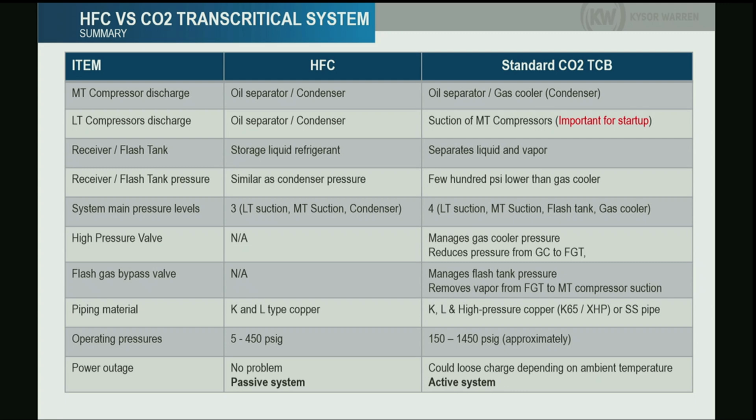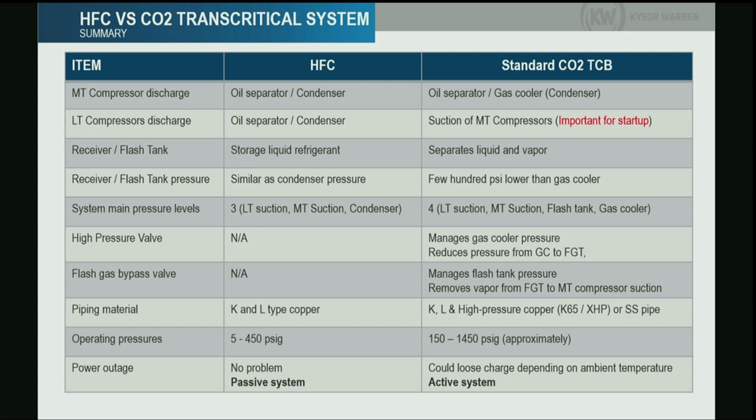The pressure inside the receiver, for HFC systems, is very similar to your condenser pressure, right? On CO2, that will be different. Normally, you will have a few hundred pounds difference between your gas cooler and your flash tank pressure. That is something important to notice.